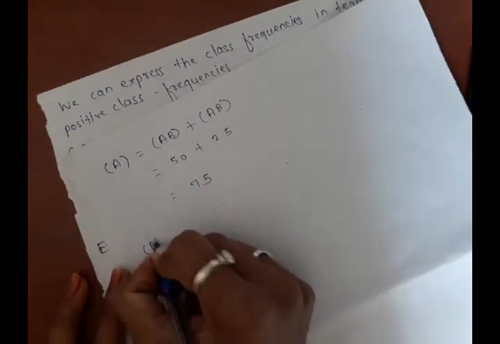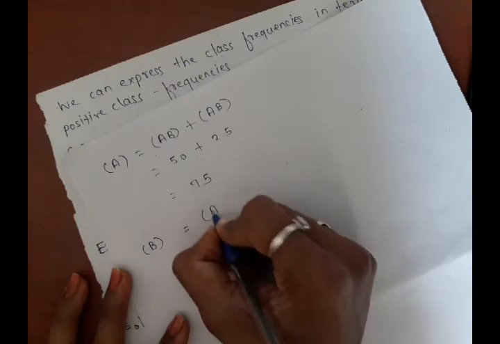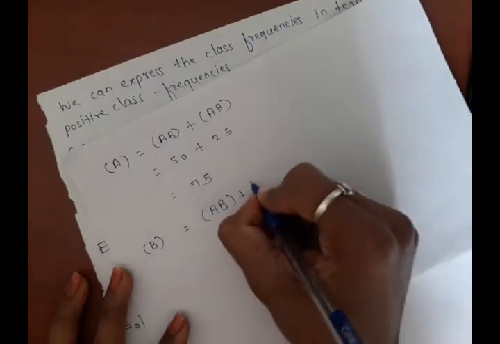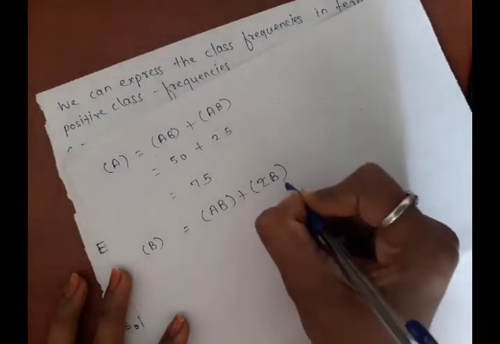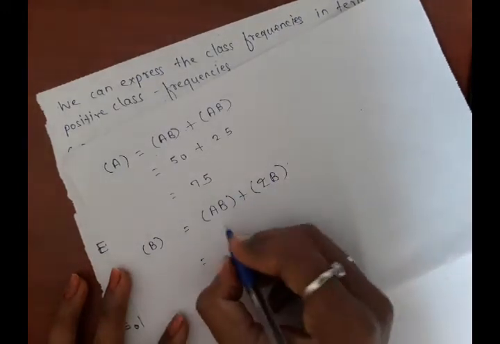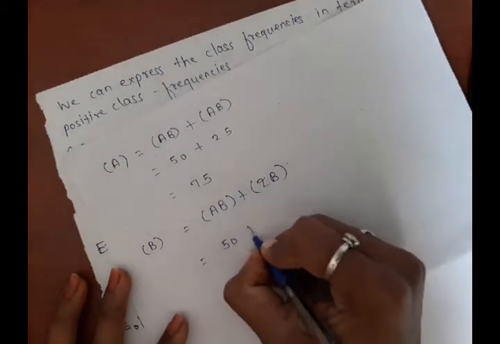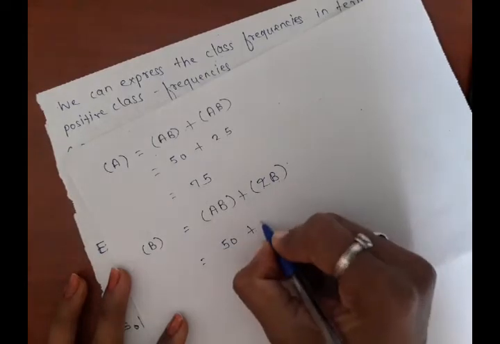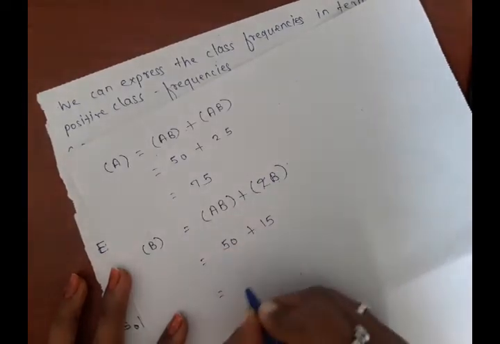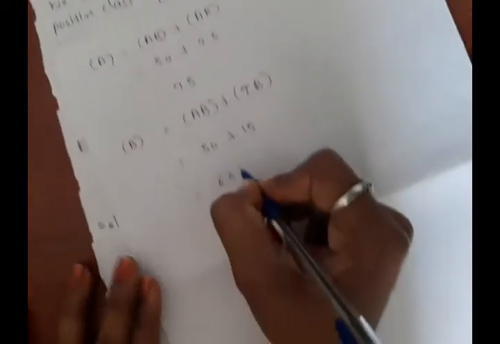Next, (B) is equal to (AB) plus (αB). The value of (AB) is 50 plus (αB) is 15, which is equal to 65.